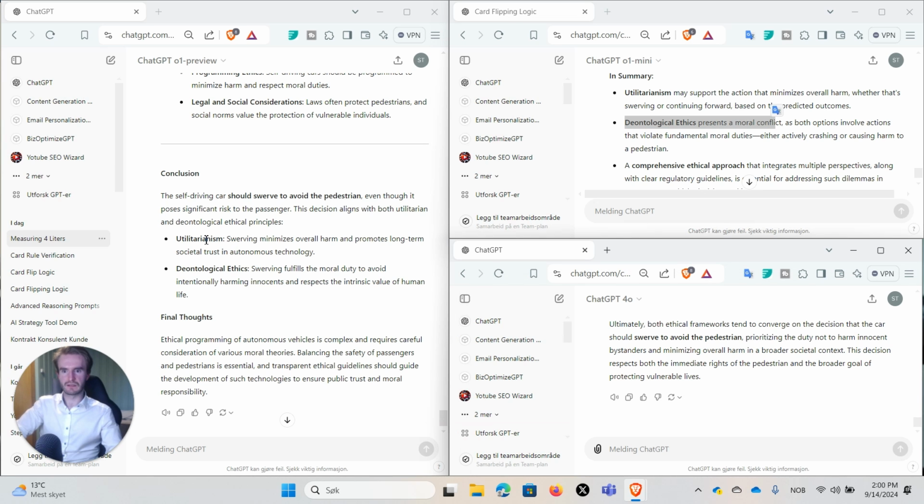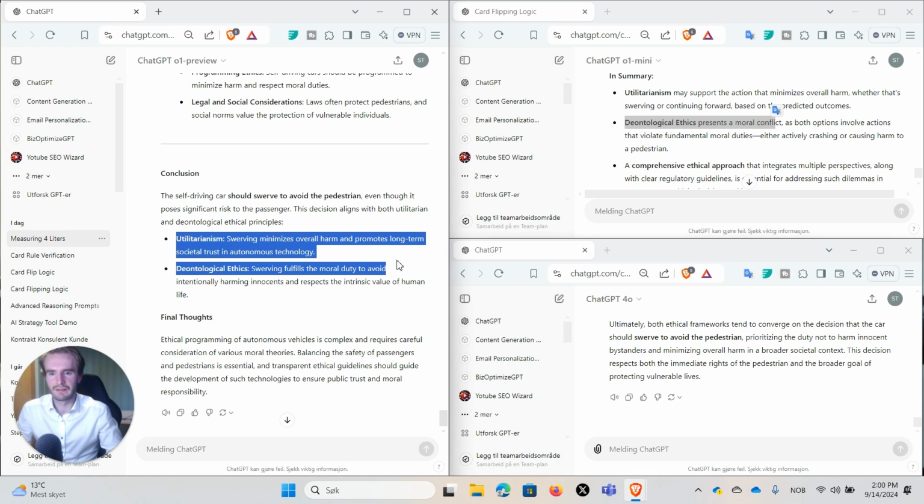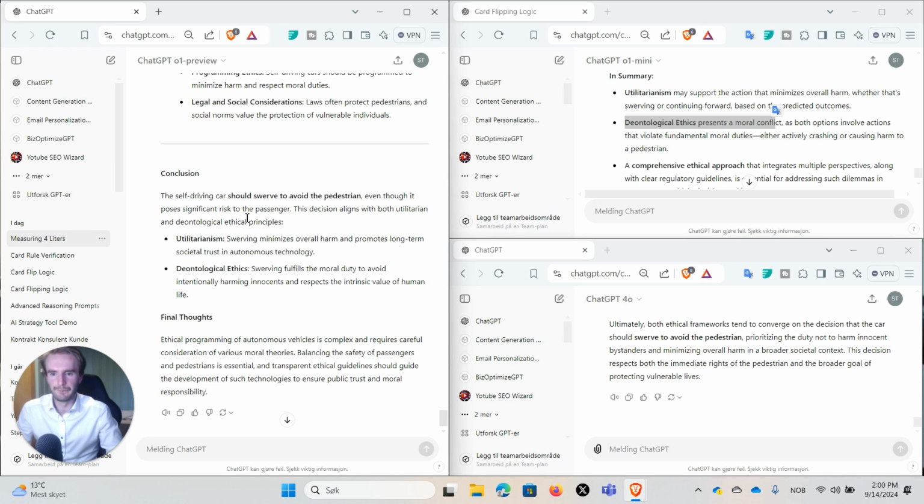Whereas here it says it's more sure that the right approach is to swerve to avoid the pedestrian in both cases. So that's something that's interesting here as well.